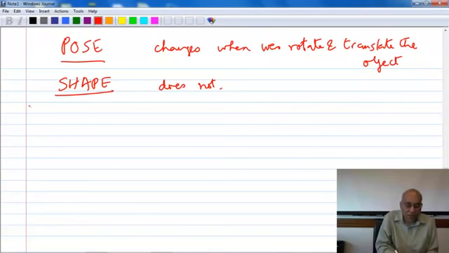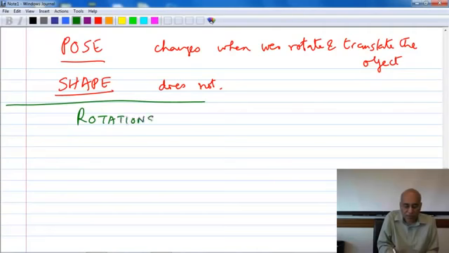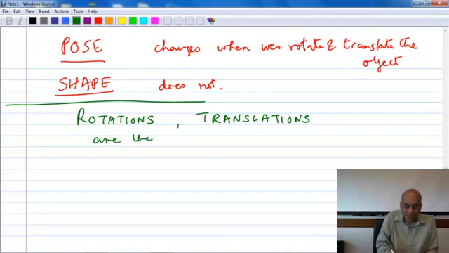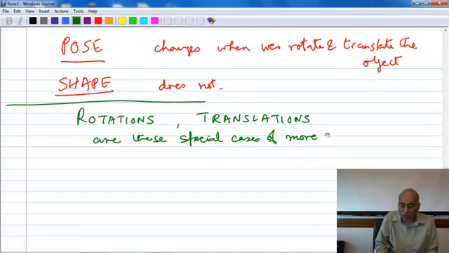So let's think about this more generally. So we have rotations, and I'm just trying to rely on your intuition of what rotations are, and translations. And now we will operate like mathematicians. Are these special cases of more general transformations?